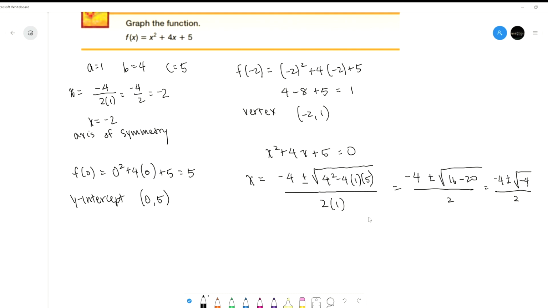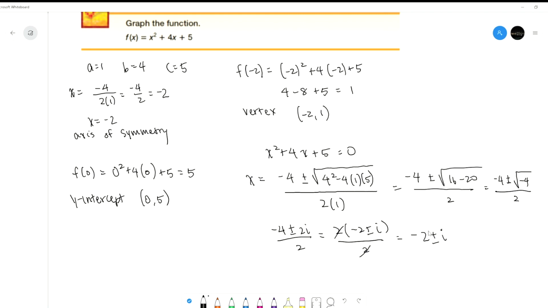Square root of negative 4 becomes 2i, right? So negative 4 plus or minus 2i over 2. And I see that 2 can factor out. So 2 times negative 2 plus or minus i over 2. So the 2's cancel out. So we have negative 2 plus or minus i.